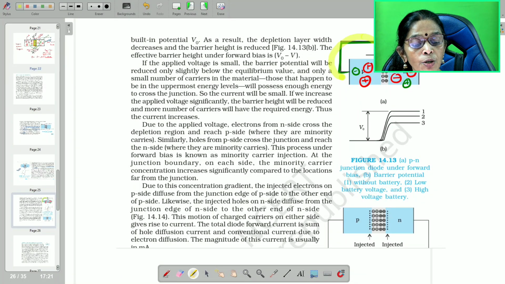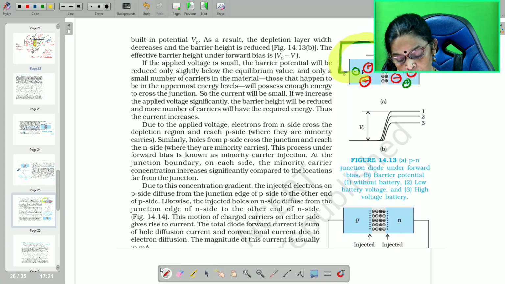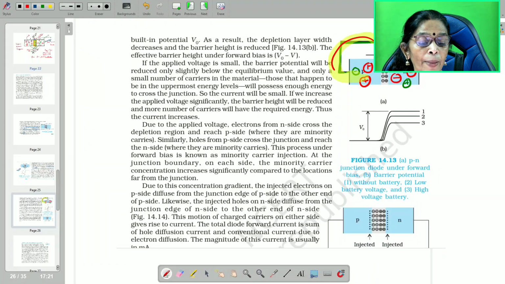This is positive, this is also positive, majority charge carriers. Positive and positive repel. Here similarly, negative and negative repel. Due to very high repulsion, from the external electric field we are giving, what will happen to the depletion barrier or barrier potential, the depletion region thickness?